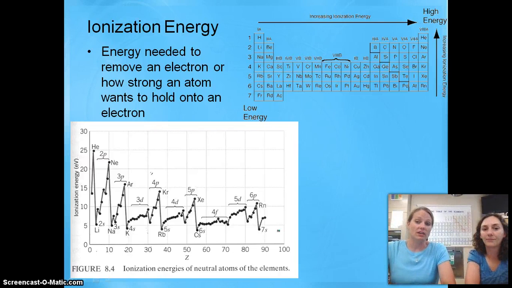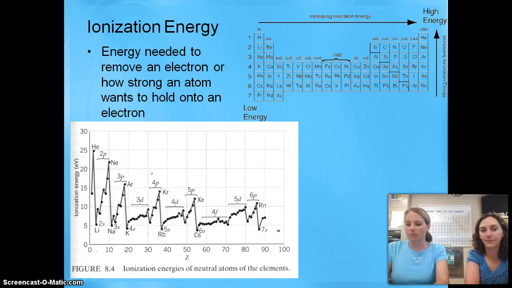Your fluorine, your chlorine, your bromine, they really want that negative electron really bad, so their ionization energy is going to be very, very high. So fluorine we're going to use as our highest trend for this one. And we're going to compare, again, atom to atom, who's going to have more ionization energy. Again, the closer to fluorine, the more energy.